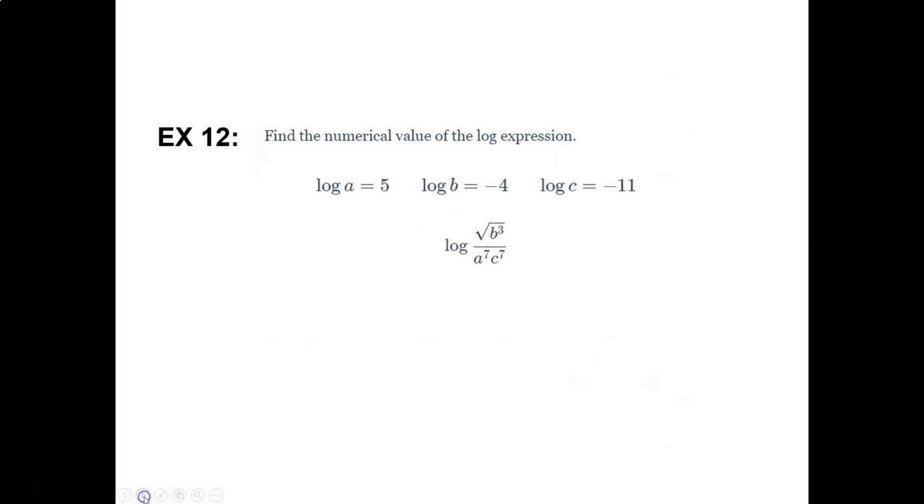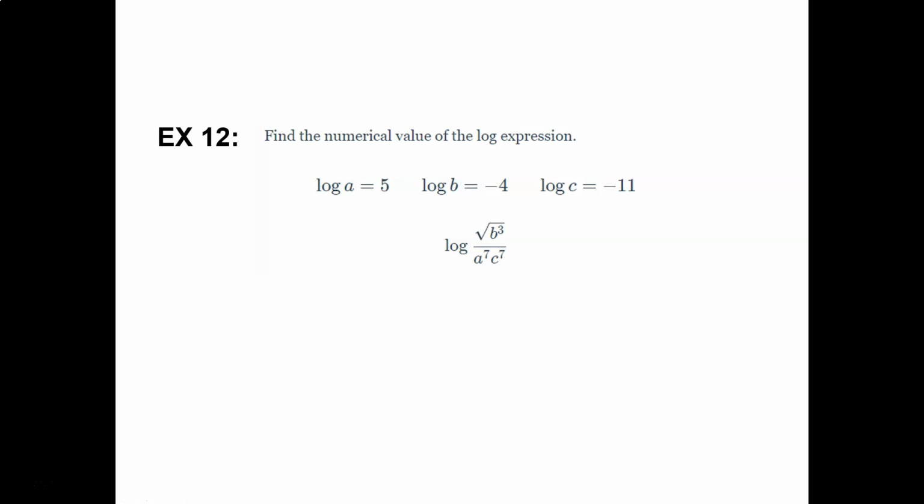Okay. All right. Here is our last thing that we are going to see. And these are sort of the trickiest ones. Here, we've got to find the numerical value of the log expression. We've got log A equals 5, log B equals -4, and log C equals -11. This does not mean A equals 5, B equals -4, and C equals -11.